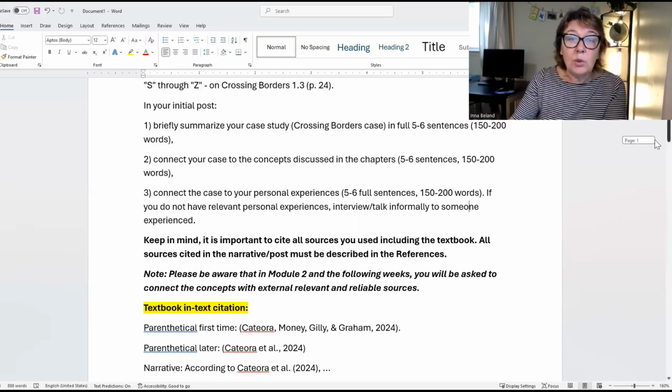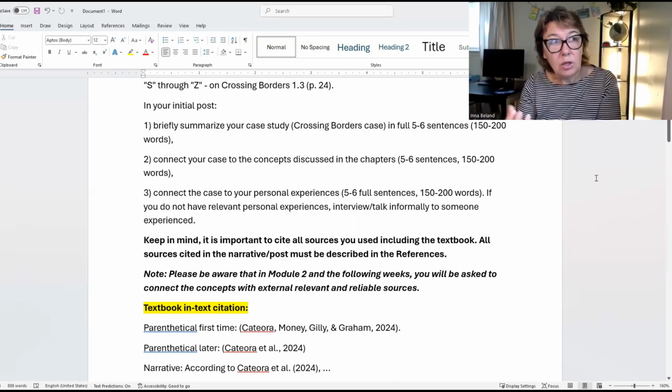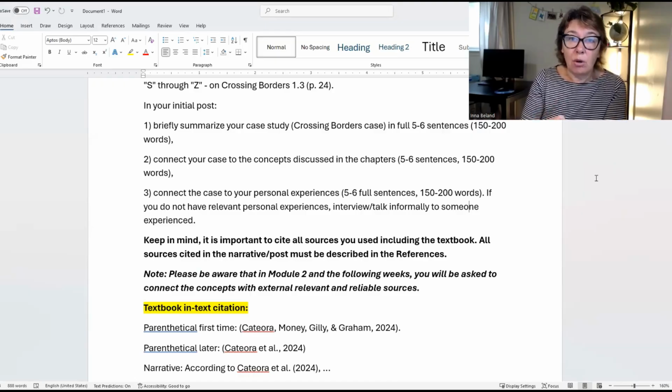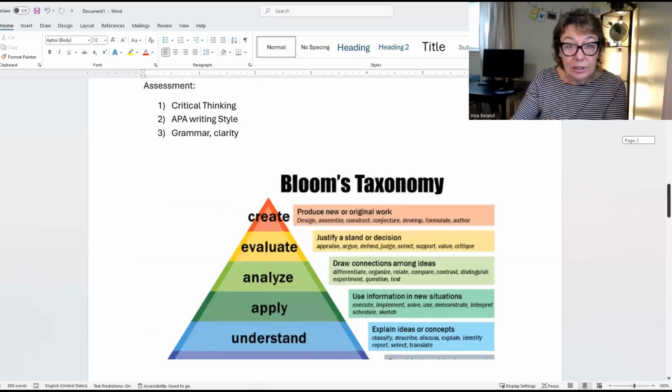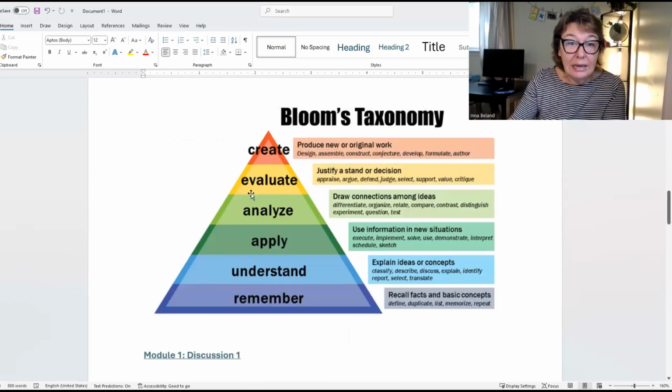As well, when you reflect on the case study, you conduct evaluation. You make some kind of judgments. You share your likes, dislikes, approval, disapproval, which is very important to demonstrate critical thinking. The last level is creation: a new original work, a new product, a new understanding for our cases.